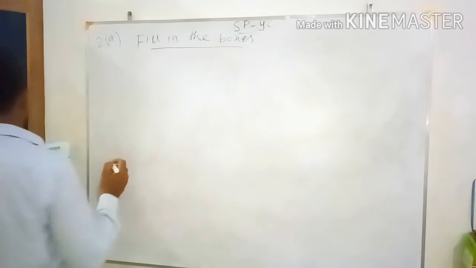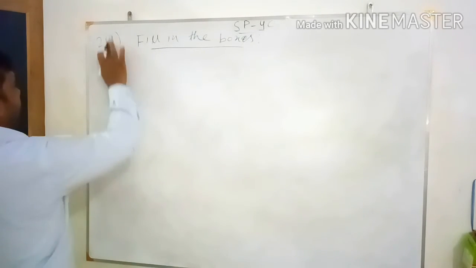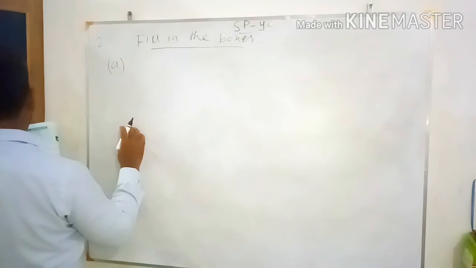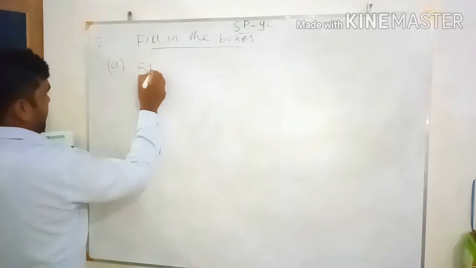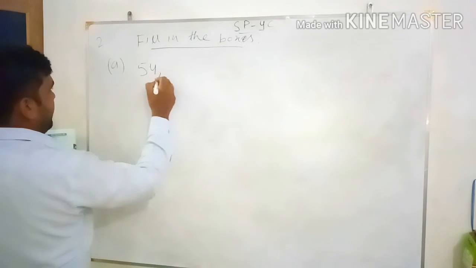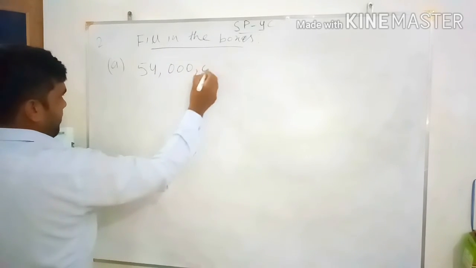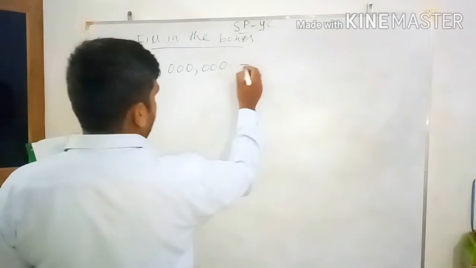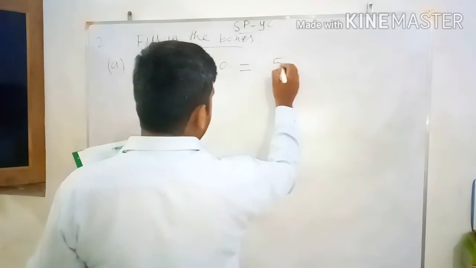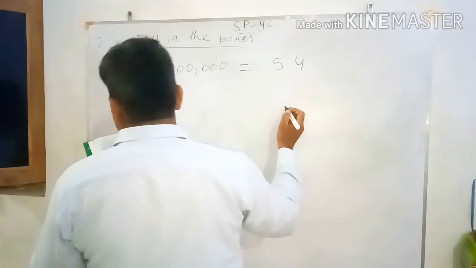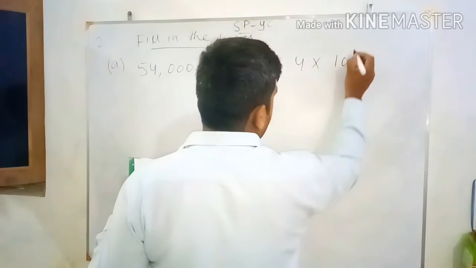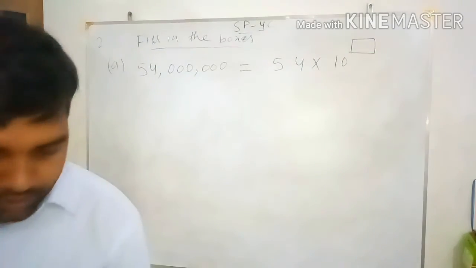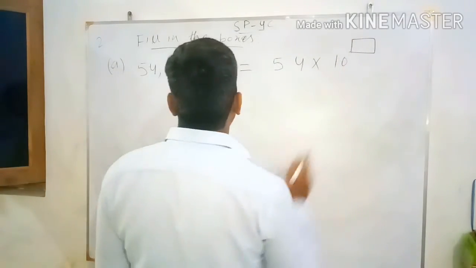Fill in the boxes. What is the question? That is 54 million. 54 million equals, this is in the standard form, and that is written in the scientific notation, 5.4 multiply 10 to the power of what? What is the power of 10? So how do we have to fill this box?